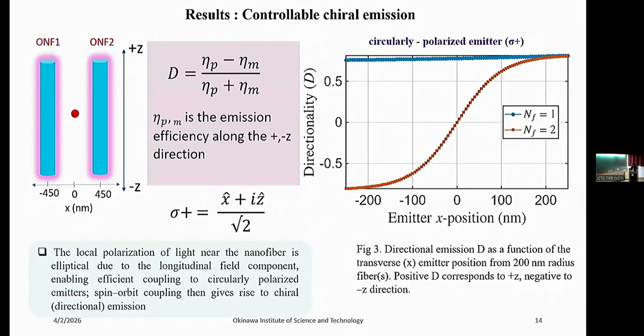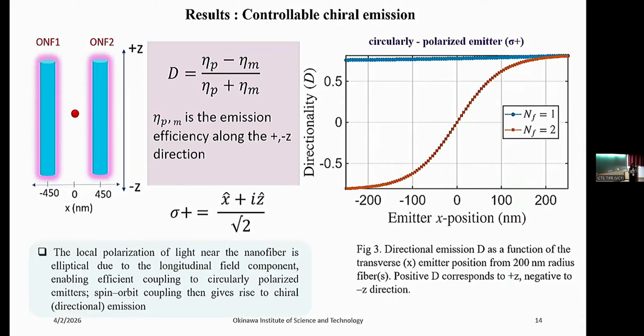Until now I showed the results for a linearly polarized emitter. Here I take a circularly polarized emitter. Whenever the circularly polarized emitter is near the nanofiber, it preferentially emits into one direction, right or left.